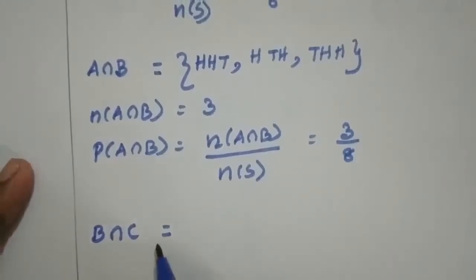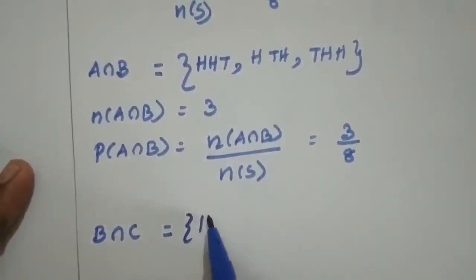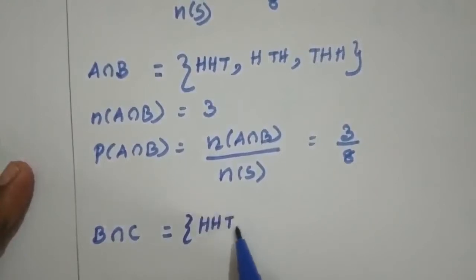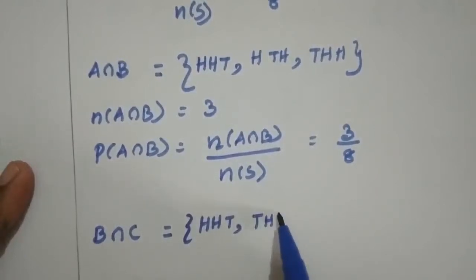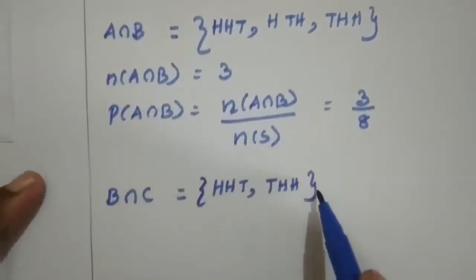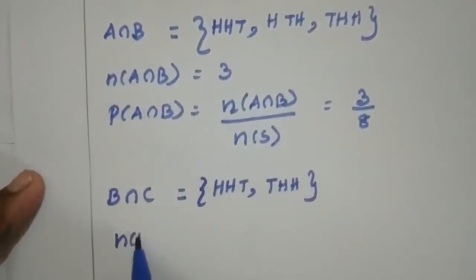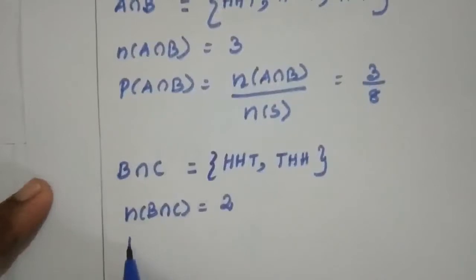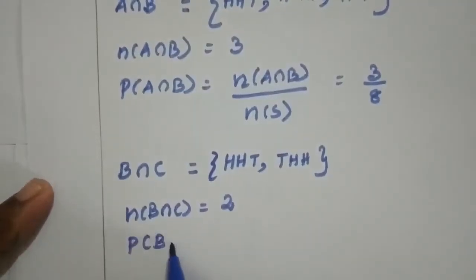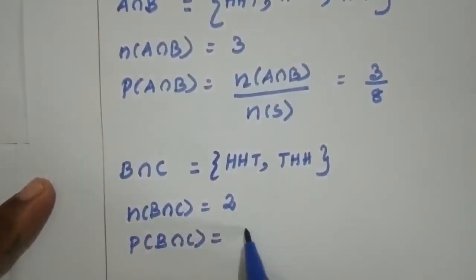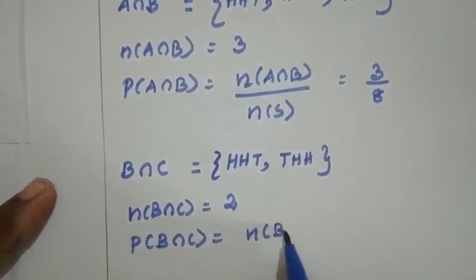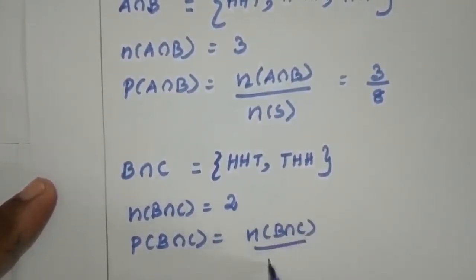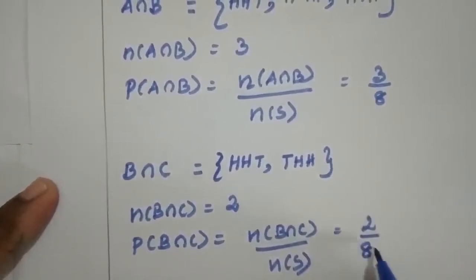B intersection C is HHT and THH. n of B intersection C is equal to 2 sample points. Now we have to find its probability value. P of B intersection C is equal to n of B intersection C divided by n of S. So you will get the answer as 2 by 8.